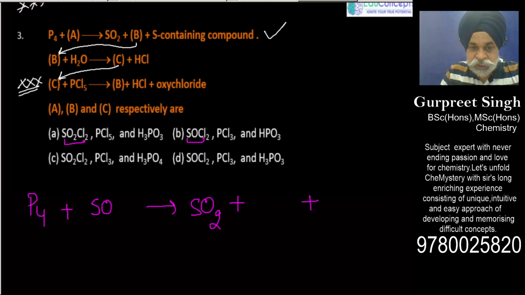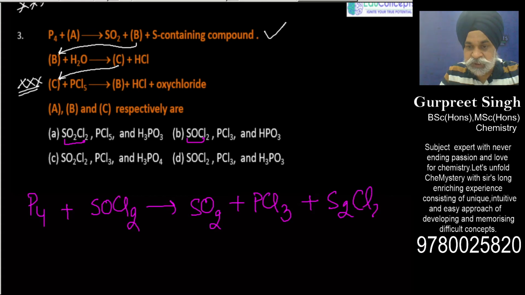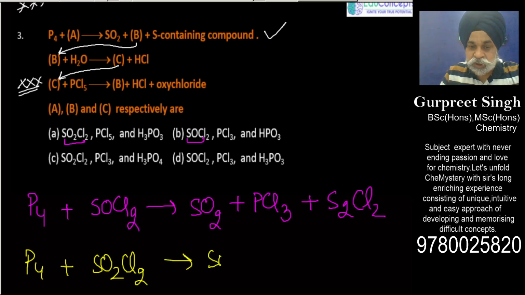If I take SOCl2, that is thionyl chloride, you end up getting PCl3 along with S2Cl2. This is a very popular reaction. And vice versa, if I take P4 with sulfuryl chloride, this is a typical topic of NCERT. So this would give you PCl5.